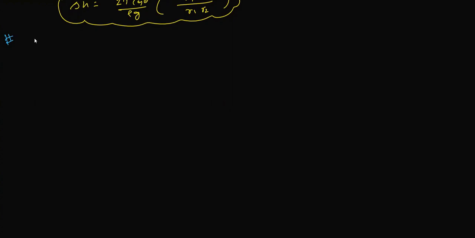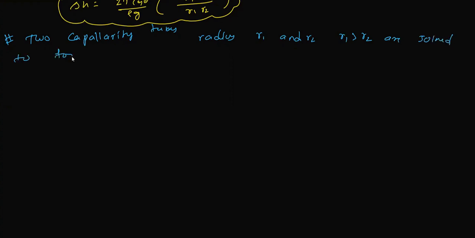In this, two capillary tubes of radius R1 and R2, R1 greater than R2, are joined to form a narrow U-tube.